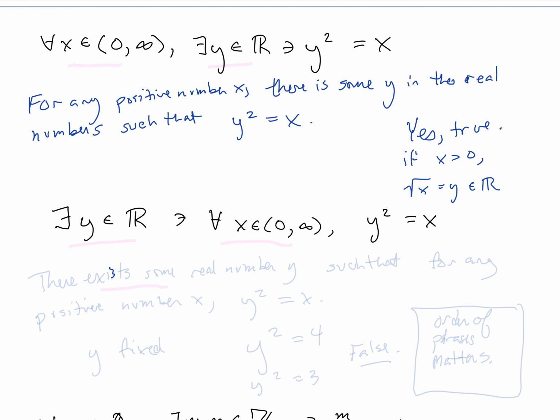Next, there exists a y in the real numbers such that for any x in the positive real numbers, y squared is equal to x. So there exists some real number y such that for any positive number x, y squared is equal to x.